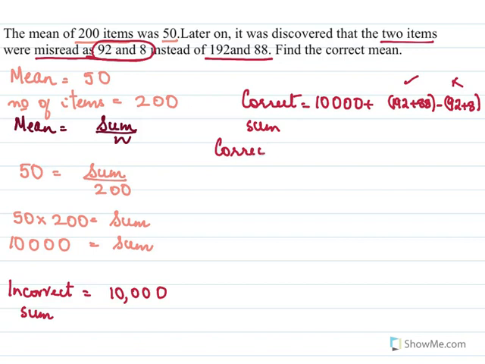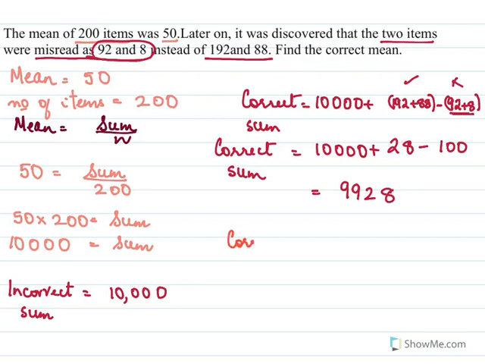So again the correct sum will be 10,000 plus the correct readings, which is 280, and you subtract 100, which are the wrong readings, this 92 plus 8, and this would be now 9928. This is a correct sum, and the correct mean equal to correct sum over number of observations.